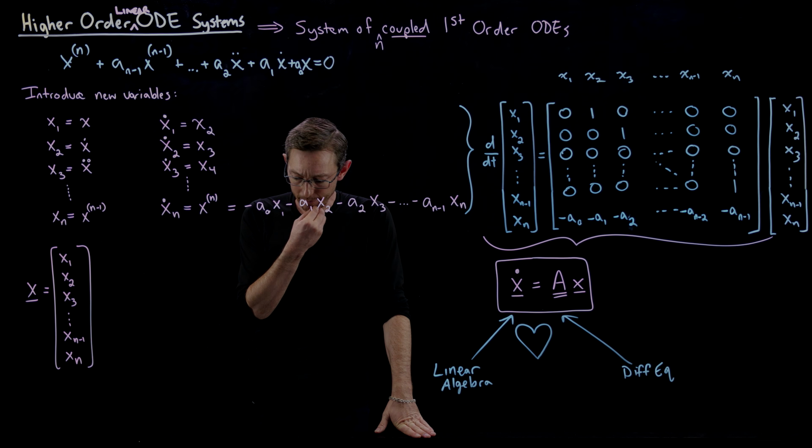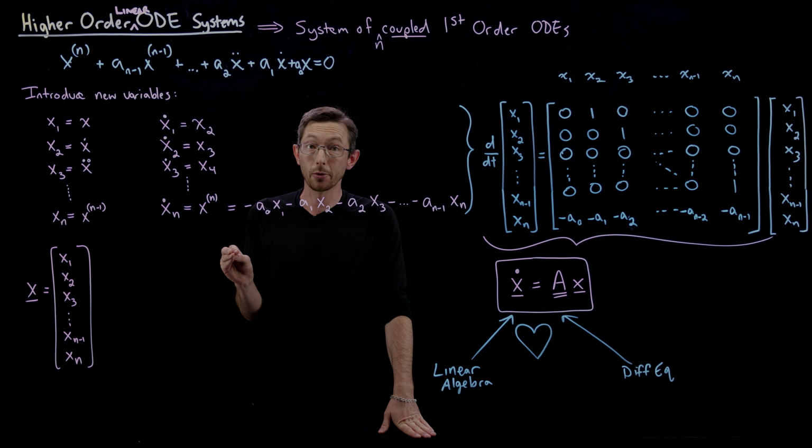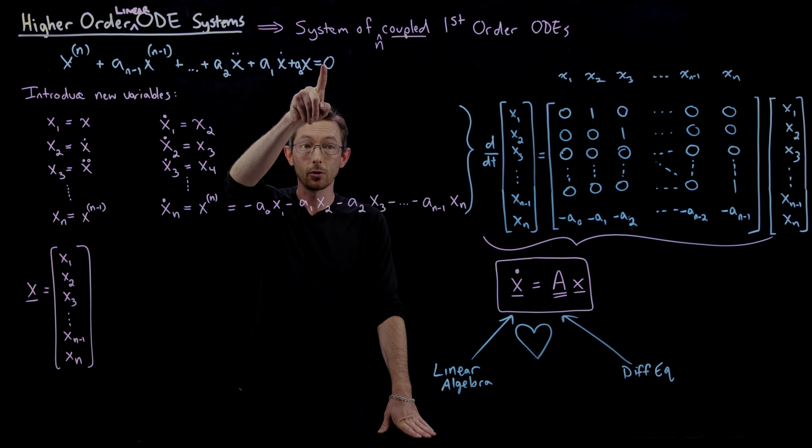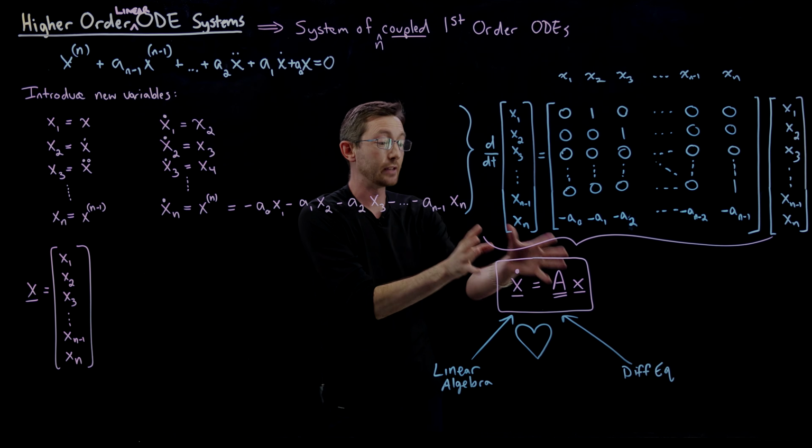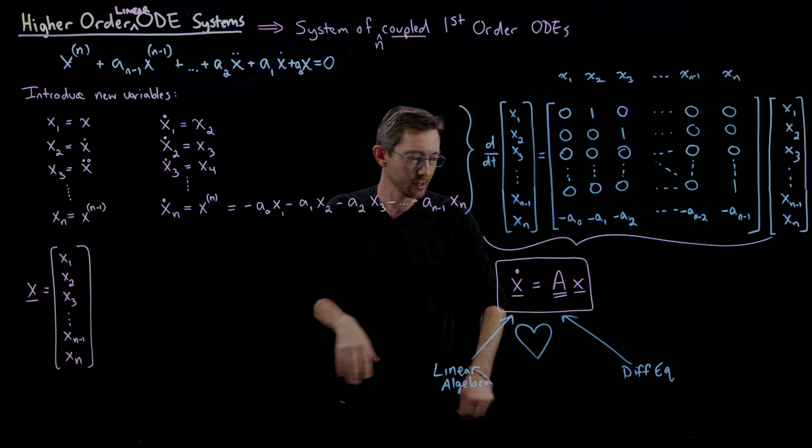Okay, good. That's the main thing I wanted to show you, how you can take any higher order system and turn it into a coupled system of first order equations, which gives you this matrix system of equations.